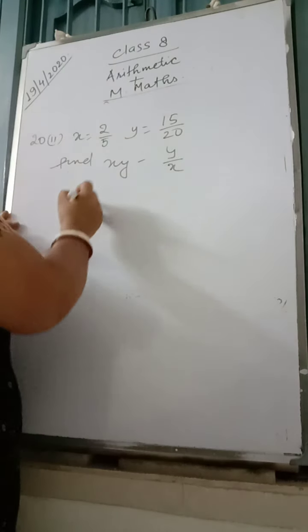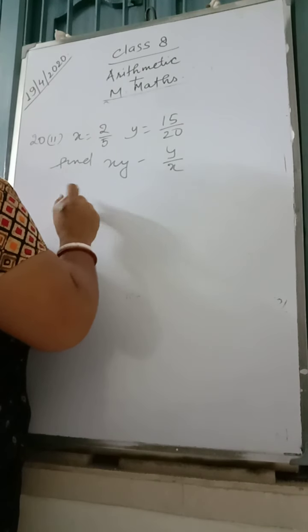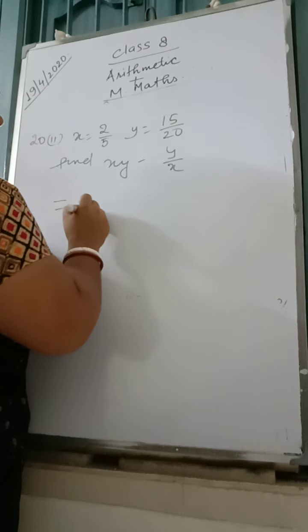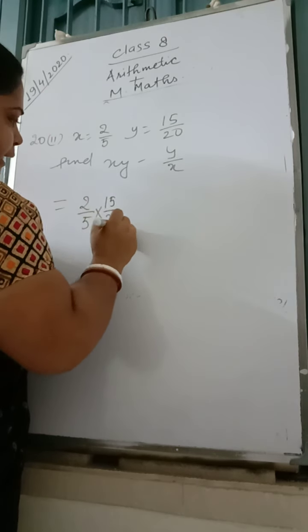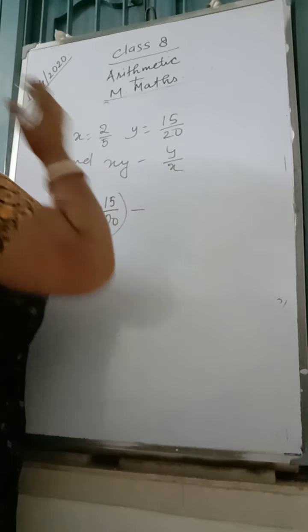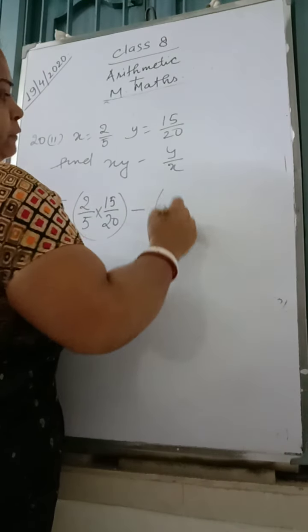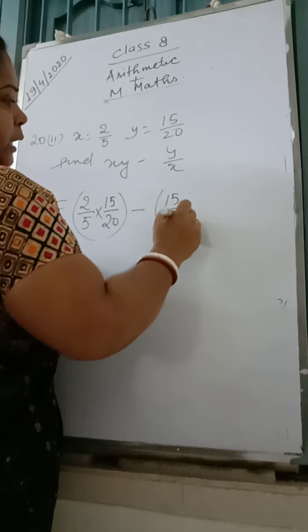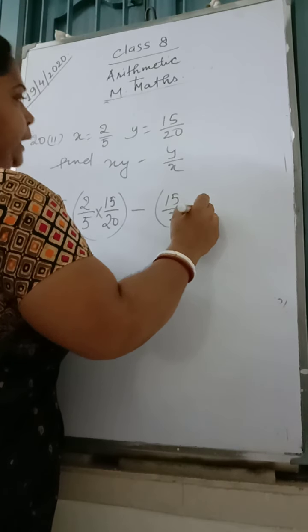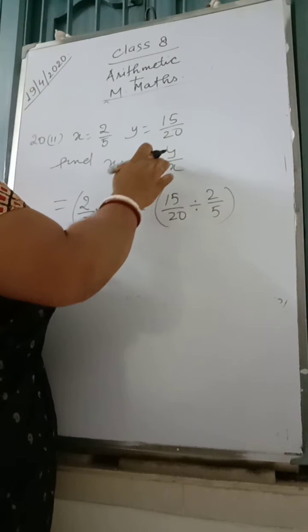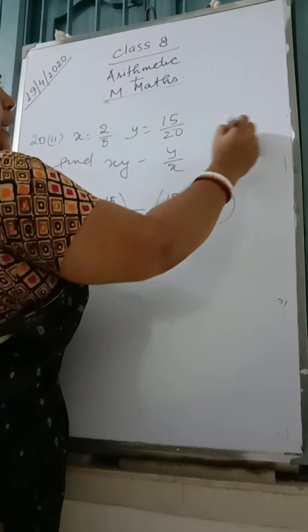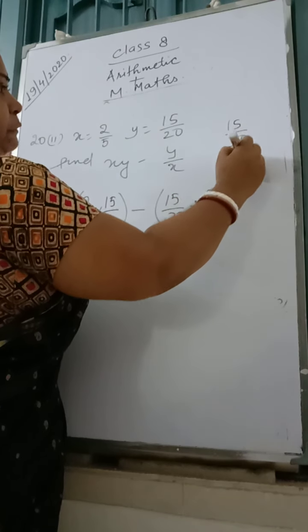We get xy means we have to multiply 2 by 5 into 15 by 20 minus y by x means 15 by 20 divided by 2 by 5. You can write it 15 by 20 by 2 by 5.